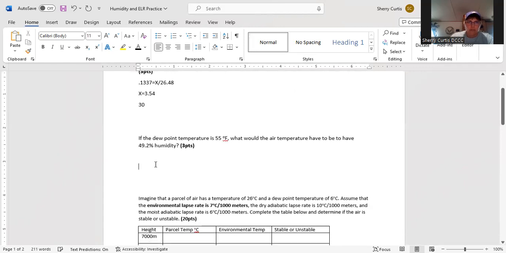The one below is very similar, except instead of finding the dew point temperature, we need to find the air temperature.